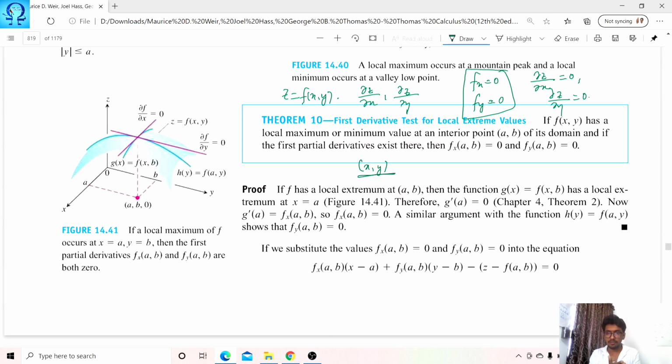If you have a local maximum or minimum at some point, at those points your derivative will be 0. In other words, if the derivative cannot be 0 at some point, that point cannot be a local maximum or minimum. So from the infinite number of points, you are restricting yourself to some points where there can be a local maximum or minimum. We are not giving any assurance that those points will be a local maximum or minimum.